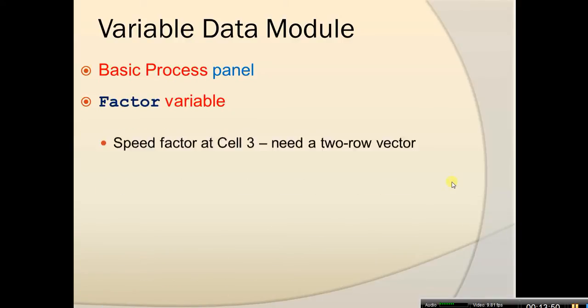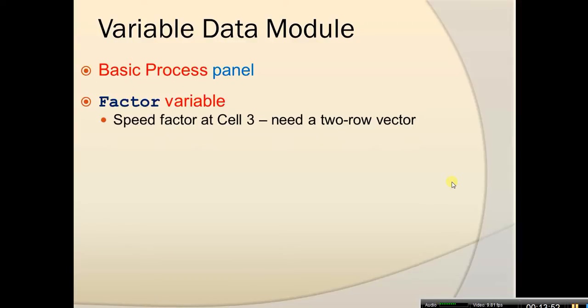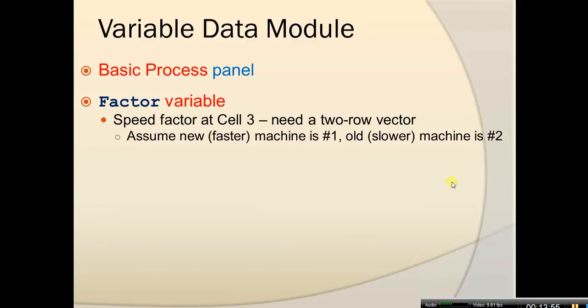And we'll use factor variables as well to indicate the speed factor for cells 3. We actually need a 2-row vector because we have 2 machines, a newer machine and an older machine. So we assume that the newer machine is faster and the older machine is slower.